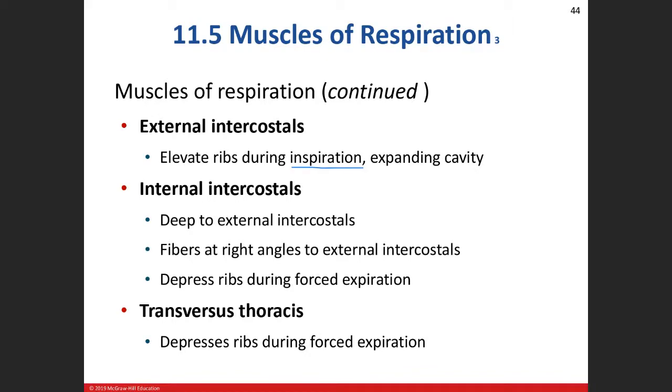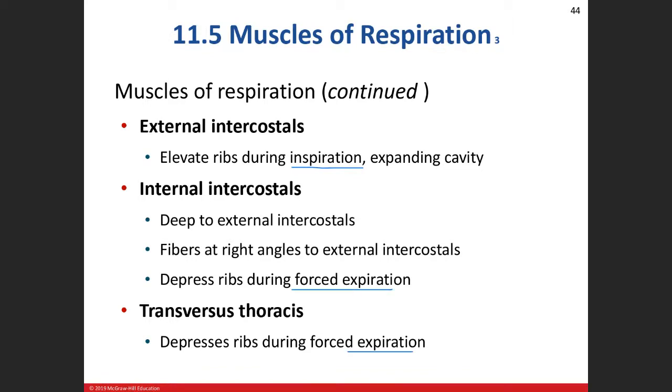Those muscles, along with the diaphragm, are going to be used just as you're sitting here in class. You're using the external intercostals and your diaphragm, all right? But when you start to get into forced expiration, you're going to be using the serratus posterior inferior. You're going to also use the internal intercostals for forced expiration.